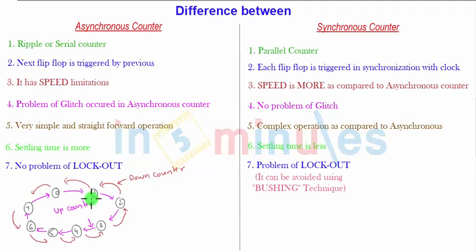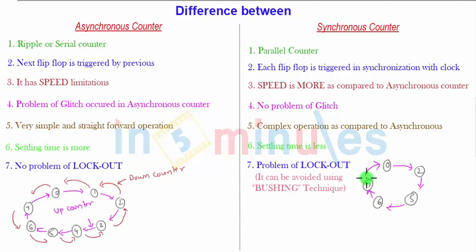Whereas in the synchronous counter, we may go serially or you may skip stages. If you are skipping stages, let me consider a 3-bit counter which counts 0 to 2, jumping from 2 to 5, 5 to 6 to 7 to 0.